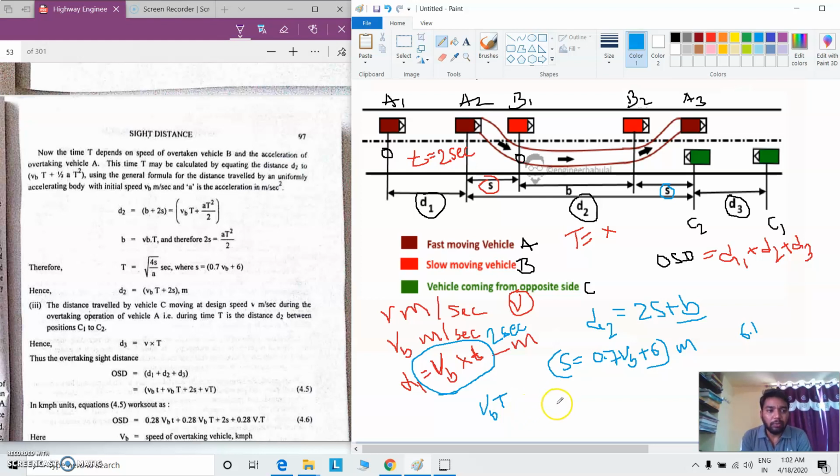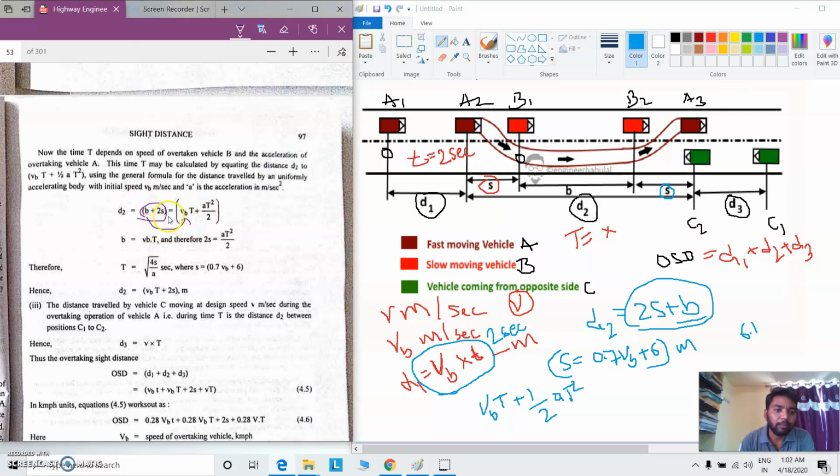For that, vb into t is the total distance, and half a t square is considered for the calculation of distance b. As you can see in this video, d2 is b plus 2s, and b is nothing but vb into t, and 2s is nothing but half a t square, which is based on physics.